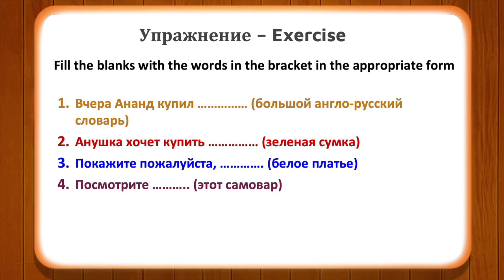Посмотрите этот самовар. We have some verbs like купить что. Купить что? Ананд купил что? Ананд купил большой англо-русский словарь. Анушка хочет что купить? Зеленую сумку. Покажите, пожалуйста, что надо показать?